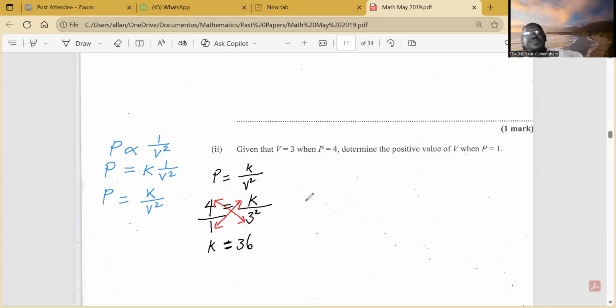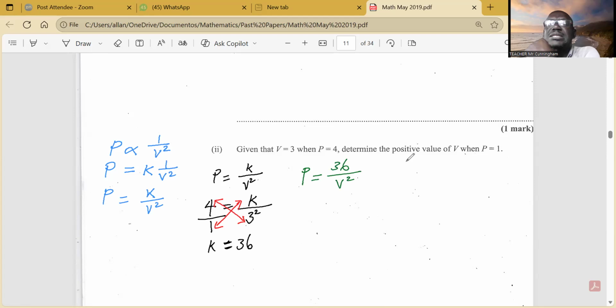So now we can write, because we just found our value for K, P is equal to 36 divided by V squared. That's our formula.